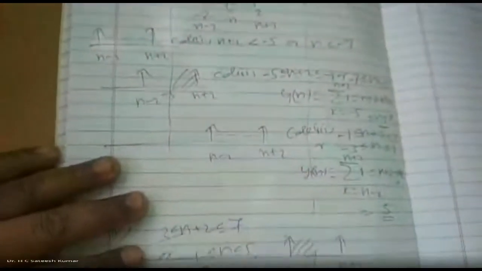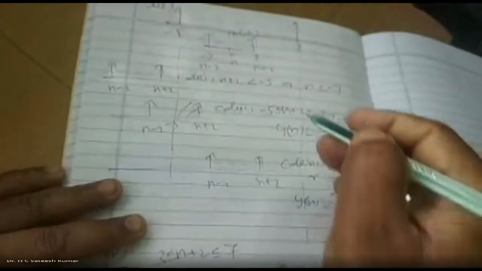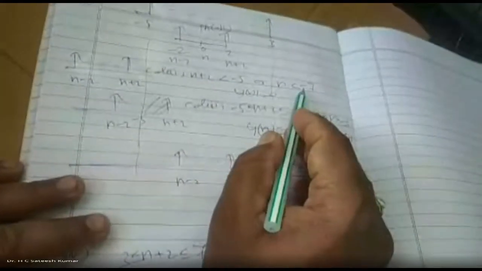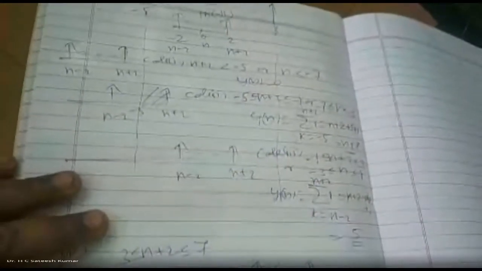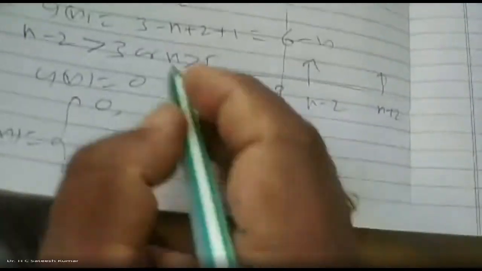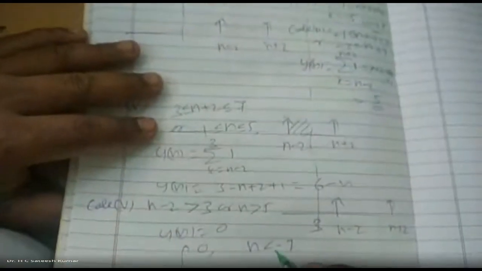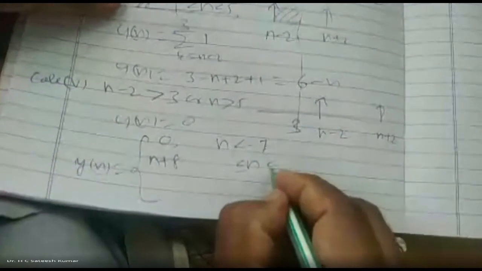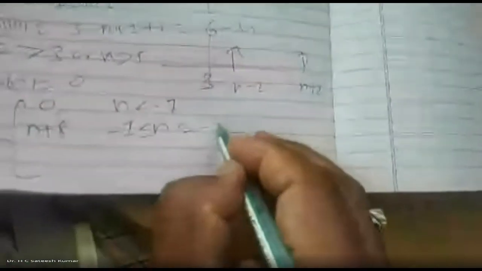For n less than or equal to, oh, I have not written the answer. Y of n is equal to 0 as long as n is less than minus 7. Case 2 is what? Case 2 is n plus 8 for n lies between where to where? Minus 7 to minus 3.